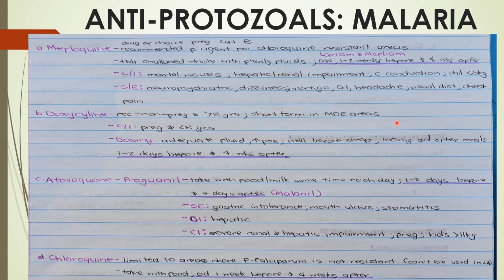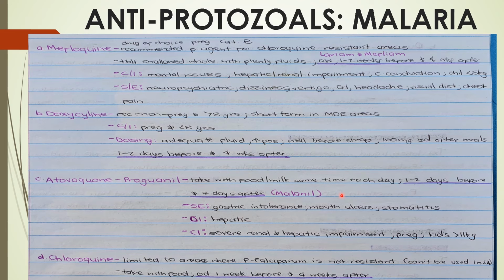Then we're going to atovaquone proguanil. You must take it with food or milk at the same time each day, and it's taken 1 to 2 days before the trip and 7 days after the trip. An example of this is Malanil. Side effects include gastric intolerance, mouth ulcers, and stomatitis.